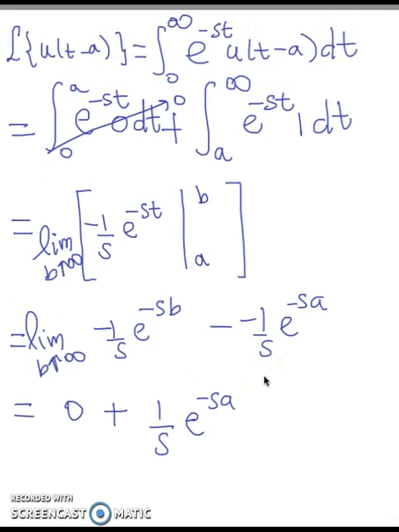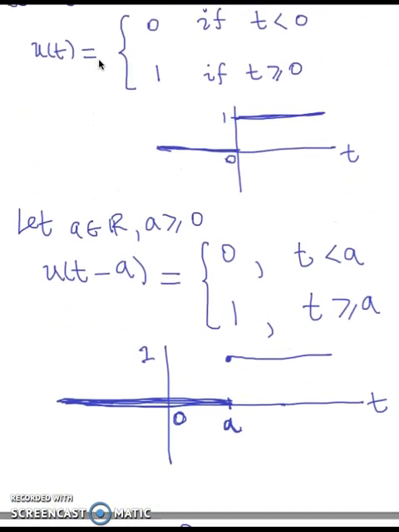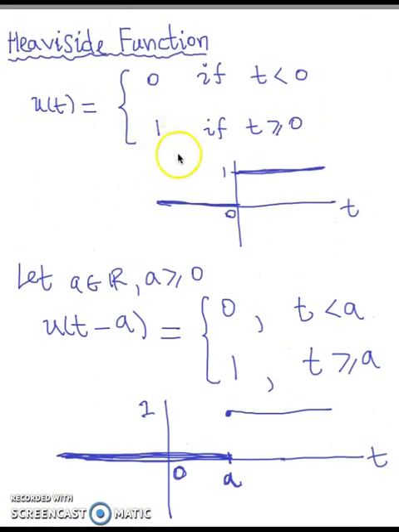So that would be the so-called function capital F of s, the Laplace transform of u of t minus a, which is a shift of this function that's known as the Heaviside function.